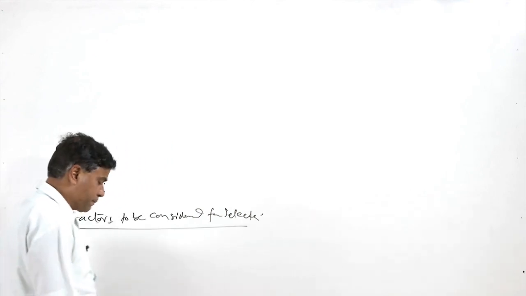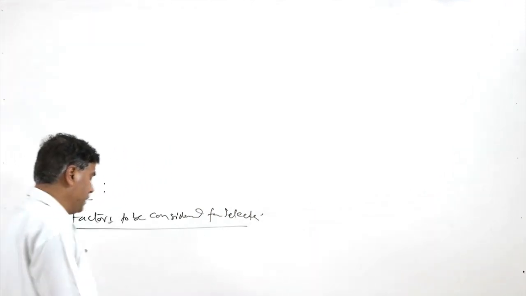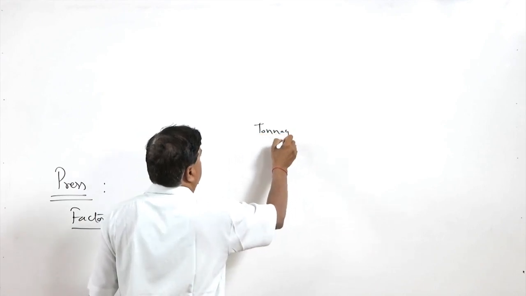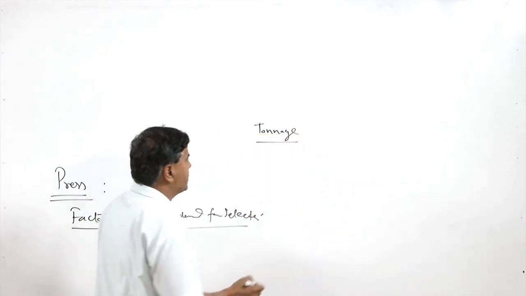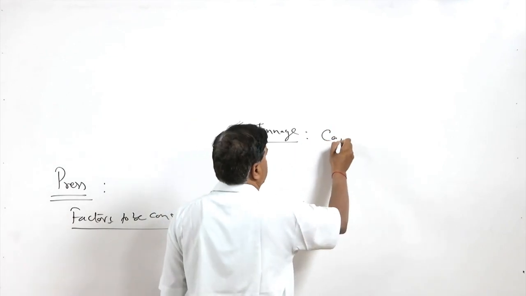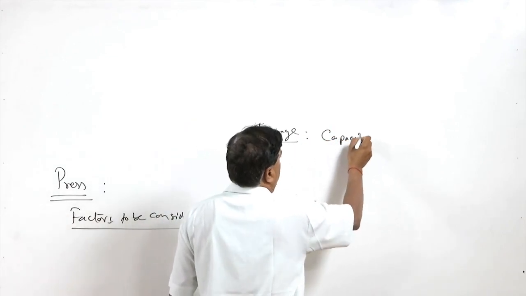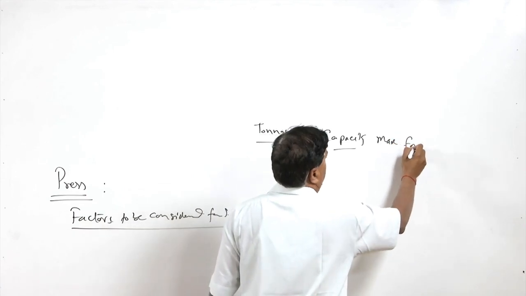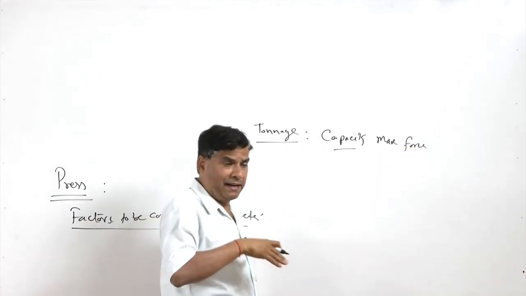of aspects, which include, first, tonnage. Tonnage of the press is about the capacity in terms of the maximum force that a press can apply.